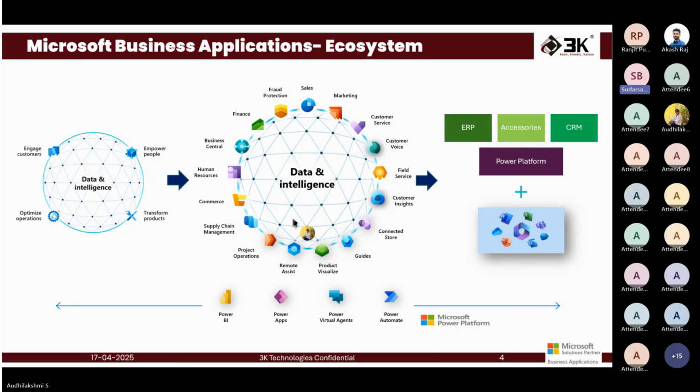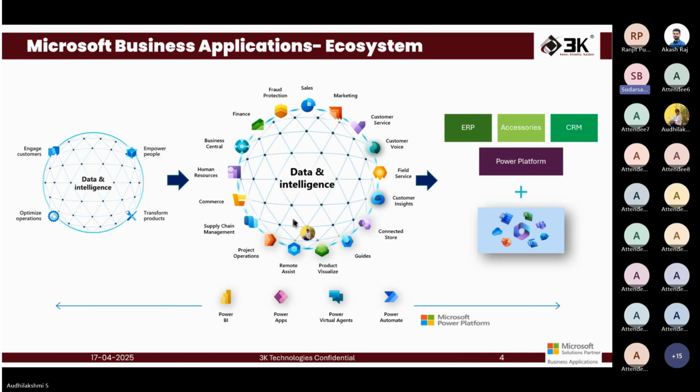At the bottom, you can see the Power Platform. So Power BI for analytics, Power Apps for development, Power Automate for workflows, and Power Virtual Agents for chatbots. So these tools extend your ERP and CRM systems.